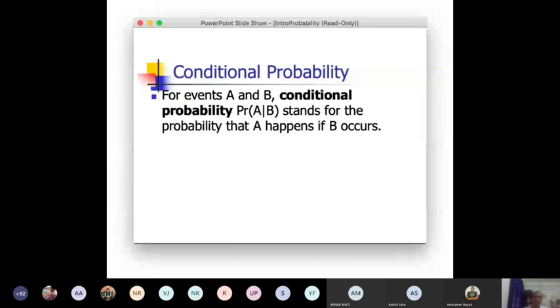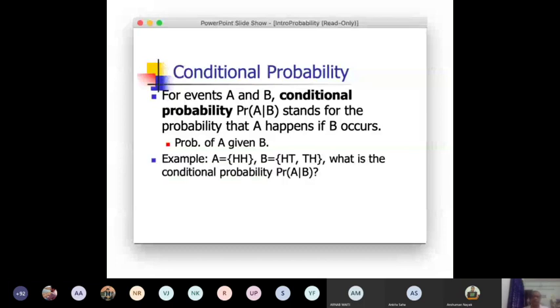That probability A happens if B occurs. So that is the simple definition of conditional probability. We sometimes pronounce it as probability A given B. So the notation you have observed, the corresponding bar, is basically pronounced as probability of A given B.